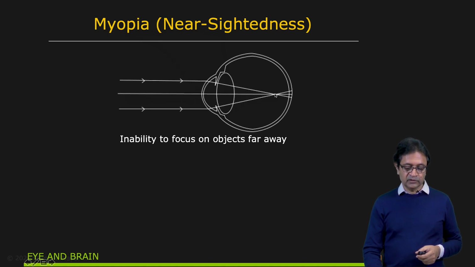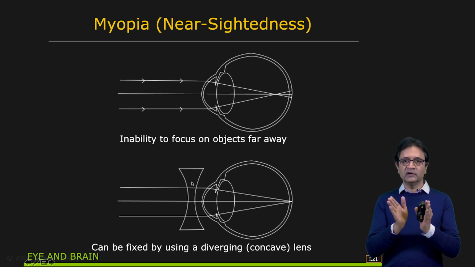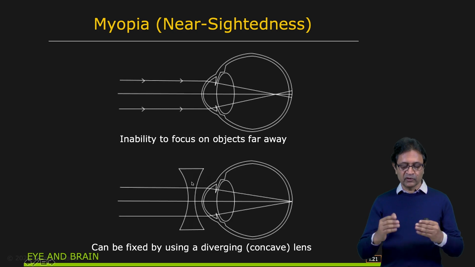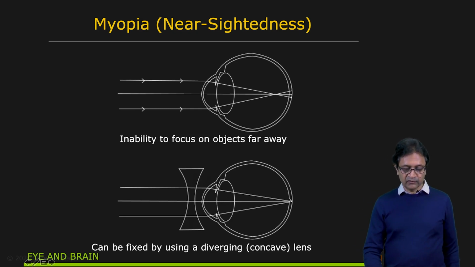In other words, the lens of the eye has hardened into a shape which has too much bending power. And so the way you correct this is by using glasses that include concave lenses in front of it. So the concave lens would actually diverge the rays a little bit before they go into the lens of the eye itself, thereby then forming an image on the retina.